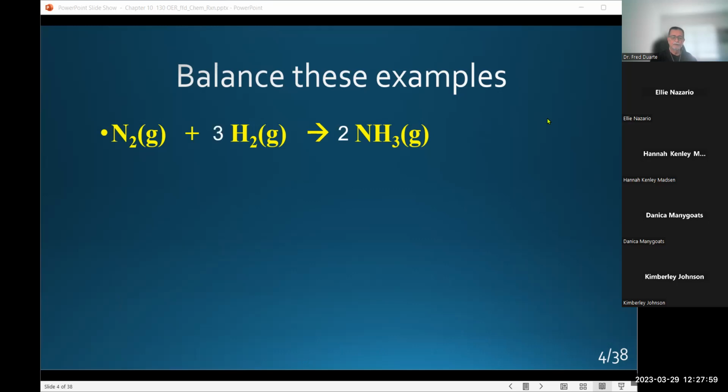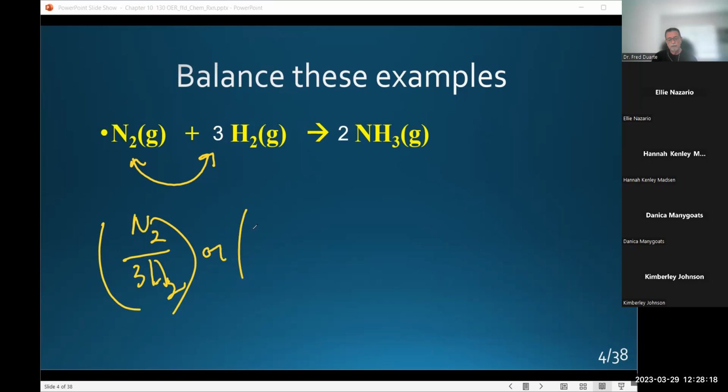There's a 2 there, there's a 3. And our relationship between reactants is a 1 to 3 scenario, where I can write it as 1 nitrogen to 3 hydrogens, or invert it, 3 hydrogens to 1 nitrogen.